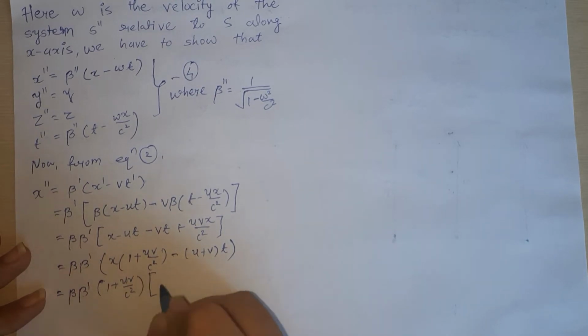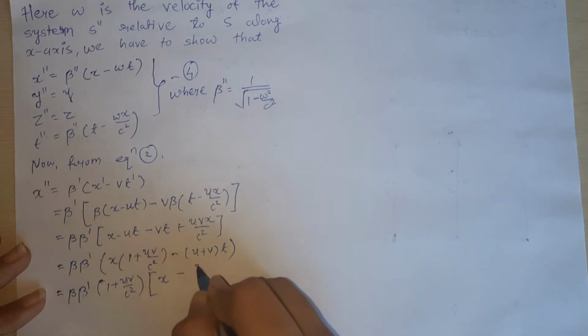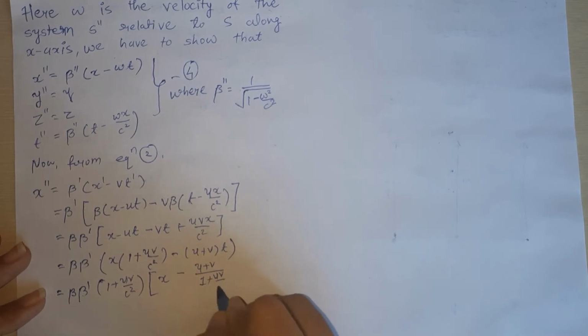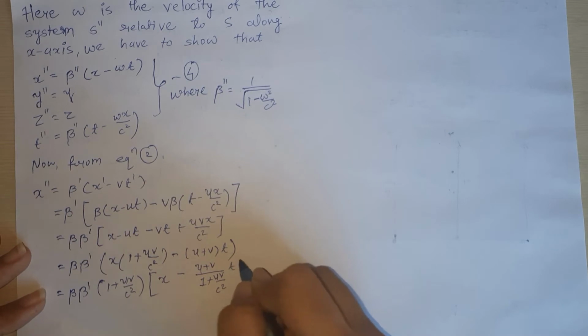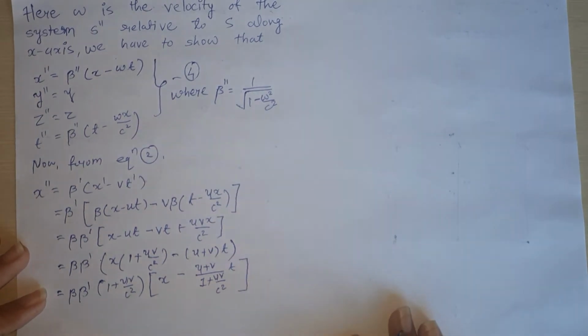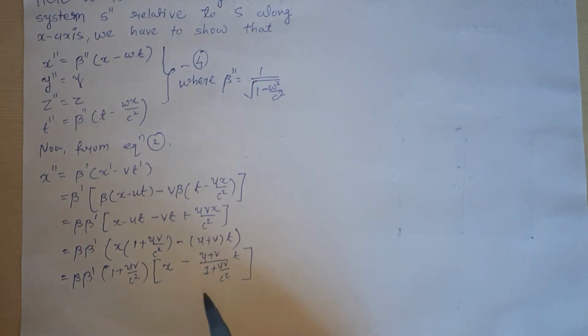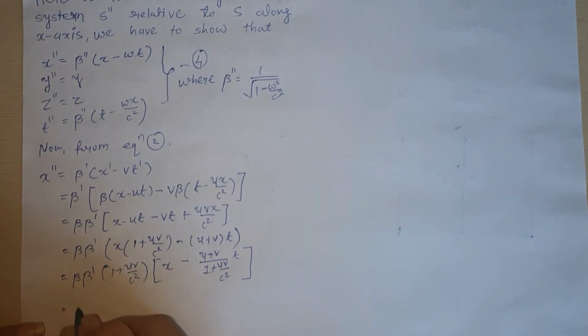So we get x minus u plus v upon 1 plus uv upon c square into t, and in our equation 3 we have value of w, which is given by u plus v upon 1 plus uv upon c square. So we can replace this here.